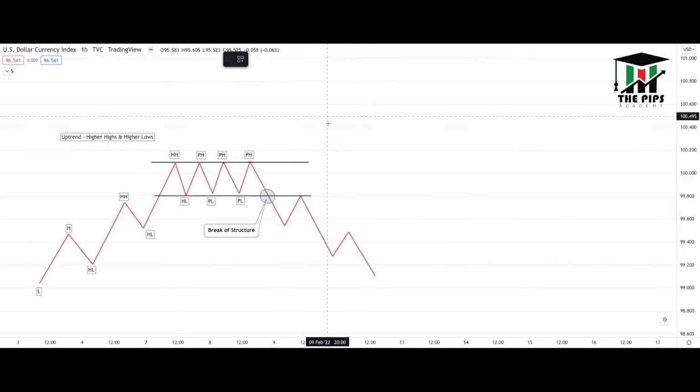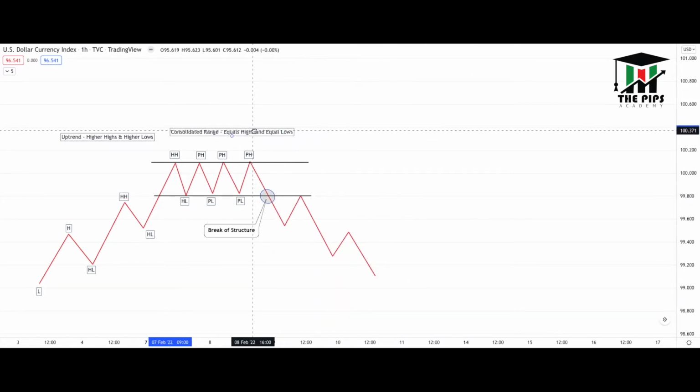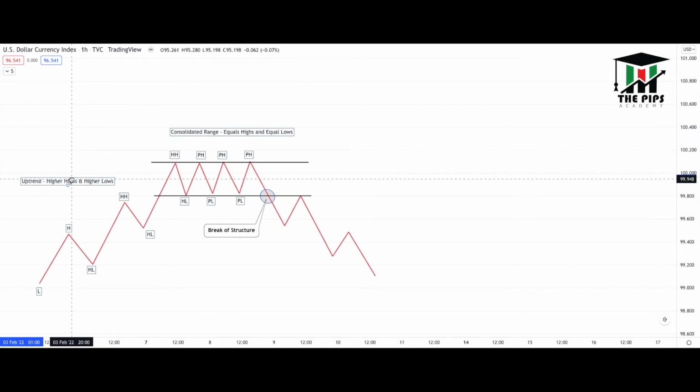So let's look at this. In a consolidated range, we get equal highs and equal lows. Okay, so that's our consolidated range.